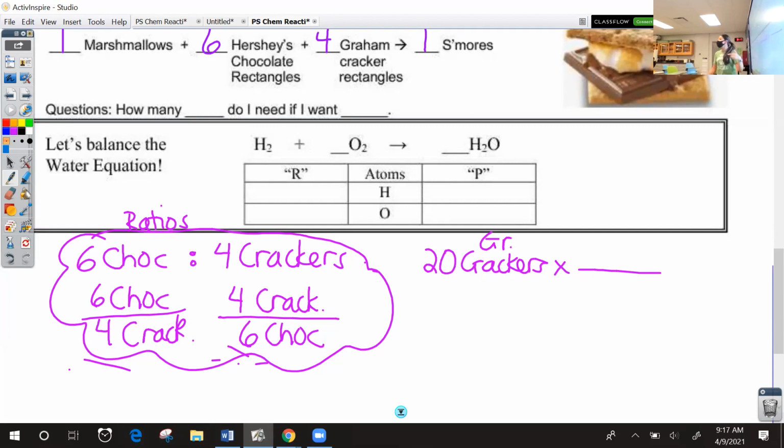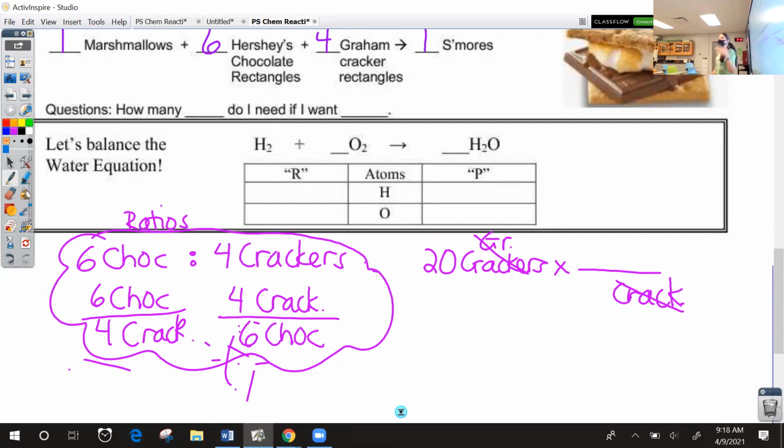Just like when we say, what's 1,000 divided by 1,000? 1. What is x divided by x? 1. What is graham crackers divided by graham crackers? Do you see the pattern? 1. It's always 1.